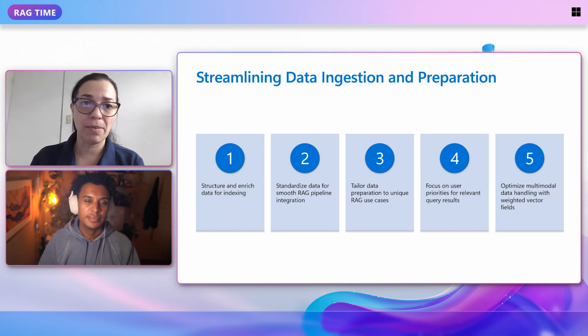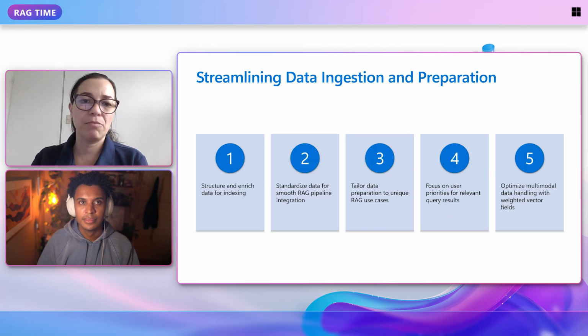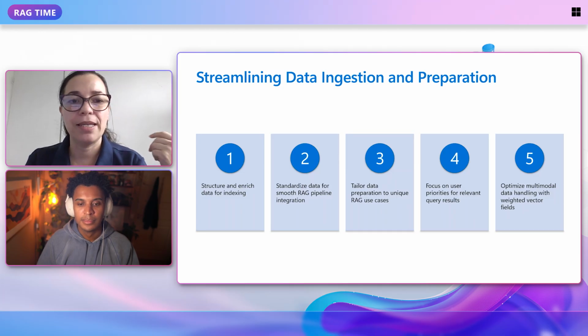And at the same time, at query time, it gives you the same embedding model that you used at indexing time so you can perform vector queries properly and have semantic capabilities at query time.